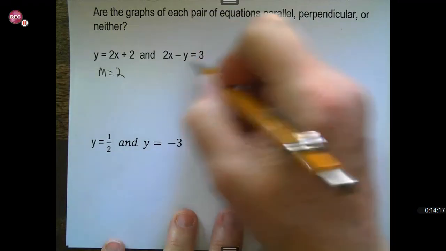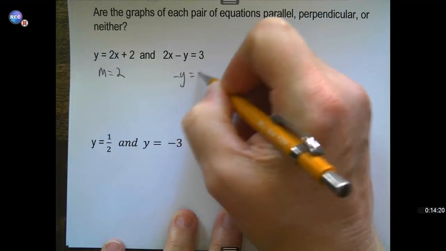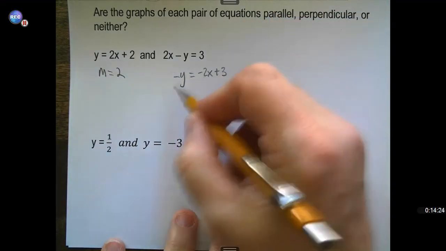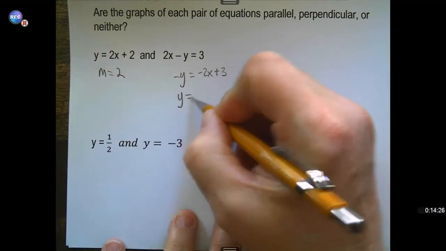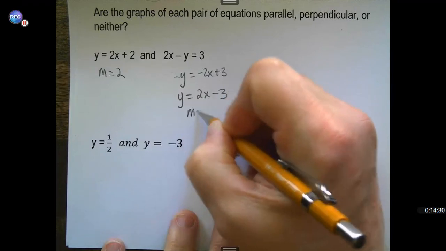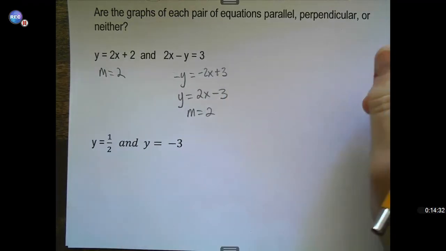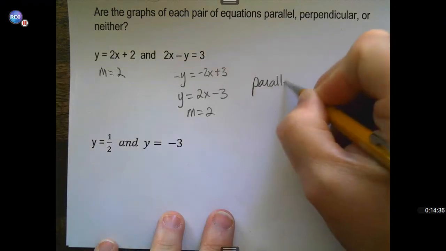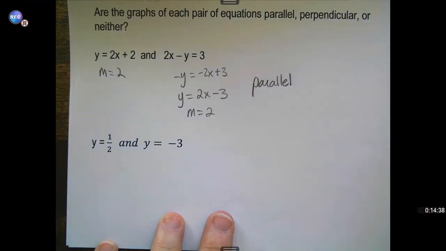So I need to move the 2x to the other side. And then I need to divide everything by that negative, and I get y equals 2x minus 3. So the slope of this line is 2. So what are these lines? These lines are parallel. Okay.